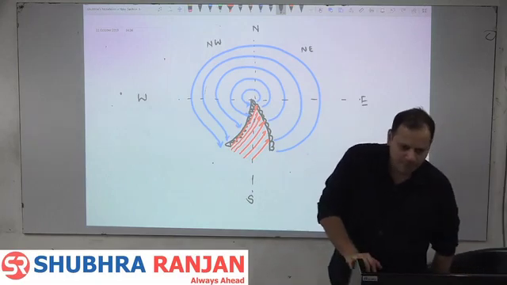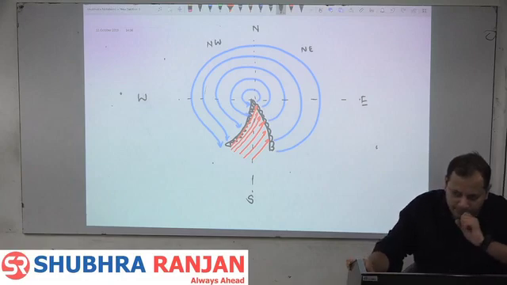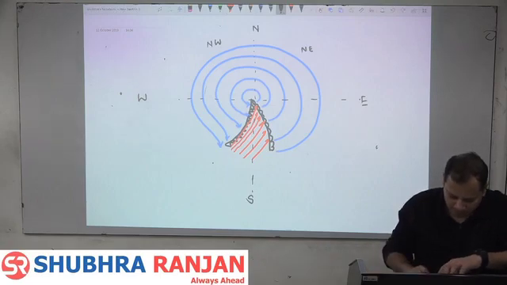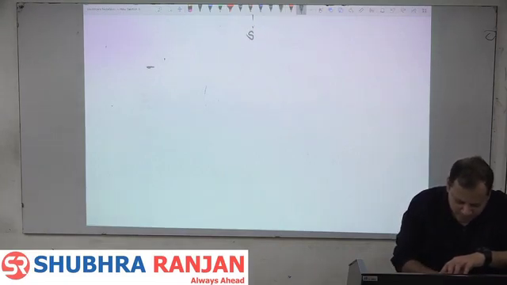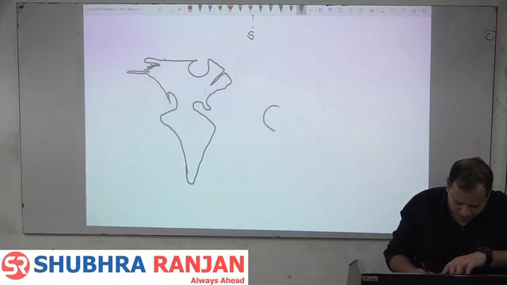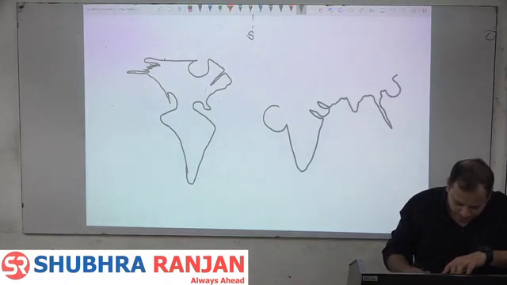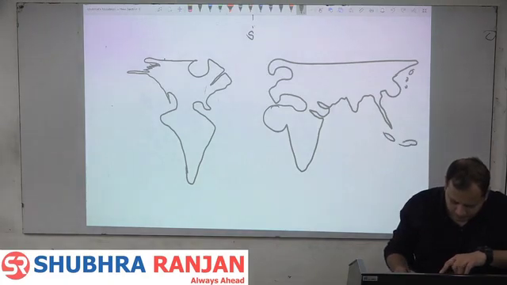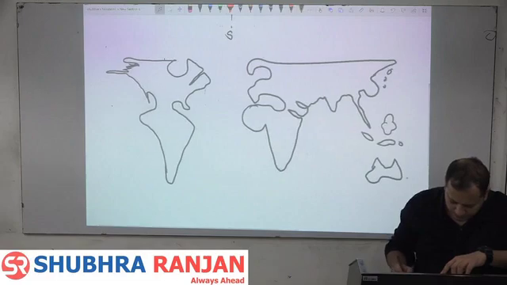So draw a world map very quickly. Don't draw this diagram now. Done with this world map?